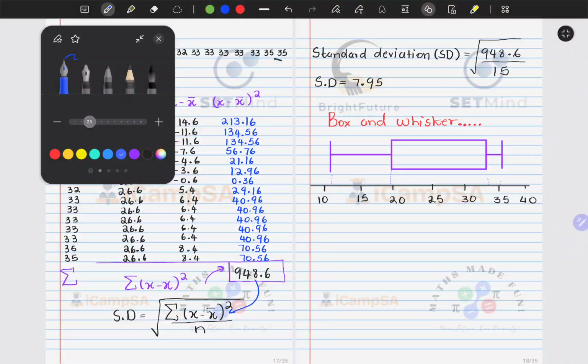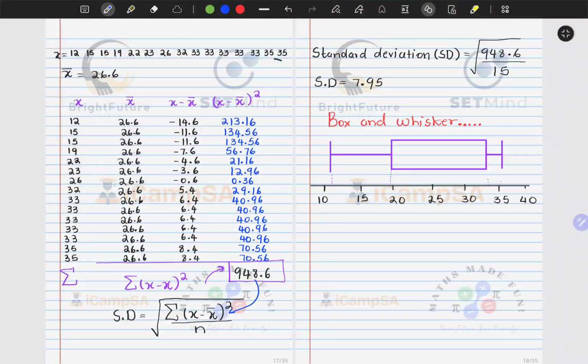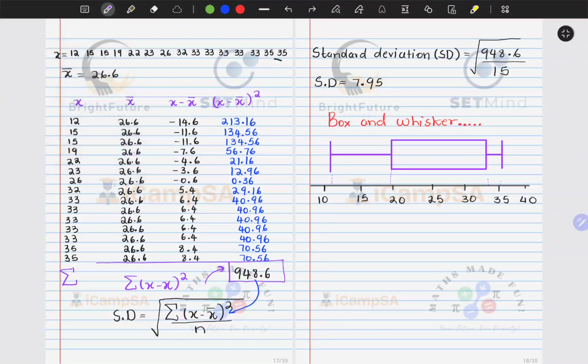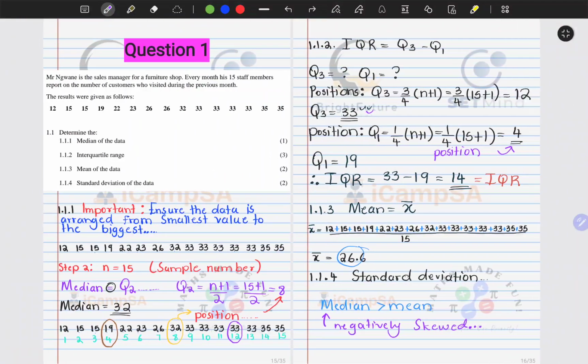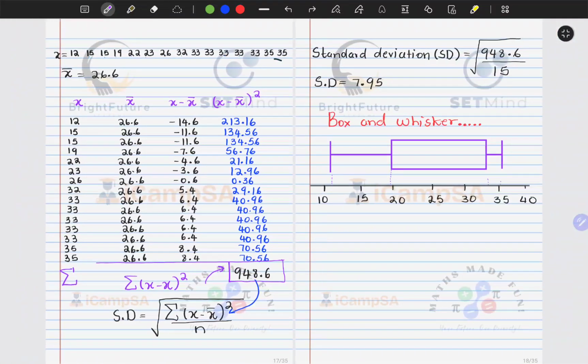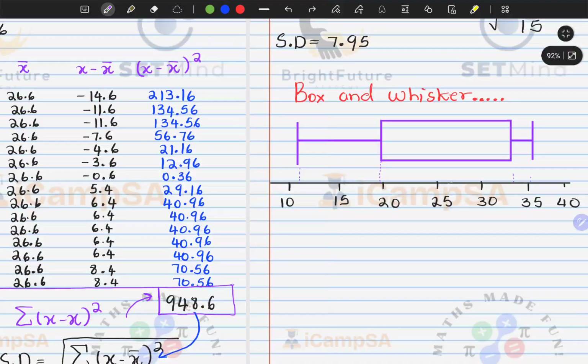So we already know that this is going to be negatively skewed. What does it mean? It means you'll have a much bigger gap to the left. Okay. But what we can do is go and look for the median. Our median we found is 26.6. So if you look carefully, 26.6 should be right about here.